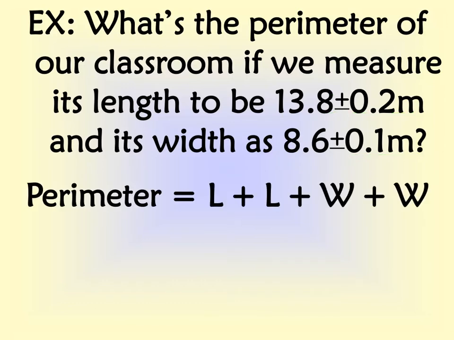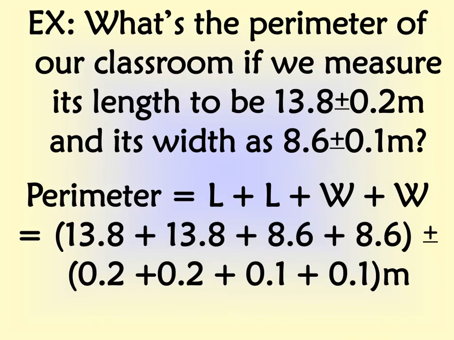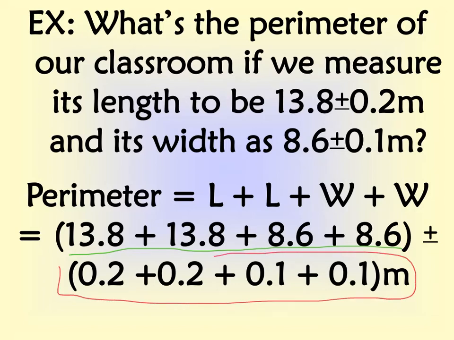So to get the perimeter, what we do is add length plus width, right? Because we have to measure the distance around the outside edge. So what I've done here is I've taken all the measurements, the length and the width, and added them together. And then separately, I have taken the uncertainties for the length and the width and added them together.